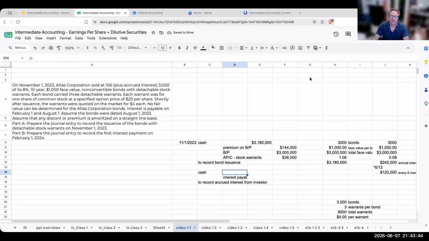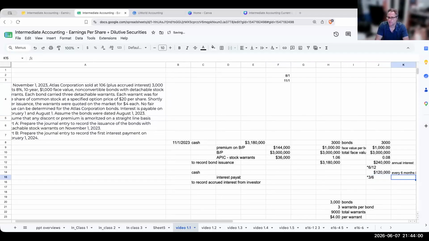Well, the bonds are dated August 1st. And my bond was issued on 11/1: August, September, October. So I basically got 3 months. I'm going to multiply this by 3/6, or from August through October. So essentially here, the accrued interest is going to be 60,000 bucks.